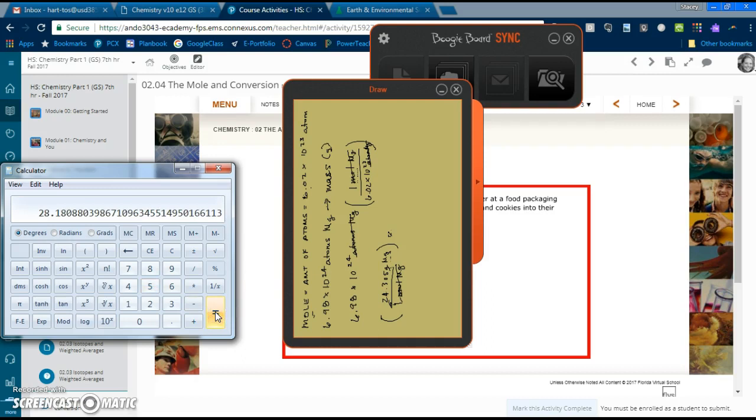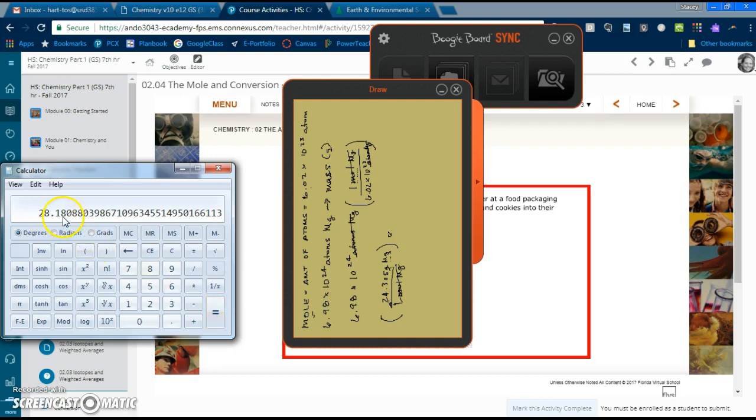Okay, and then so I get the whole number, 28.18 or 28.2, but if I recall, remember we did 10 to the 24th divided by 10 to the 23rd. And so I'm going to have to move that decimal point one place to the right. Okay, because it's going to give me 10 to the first.